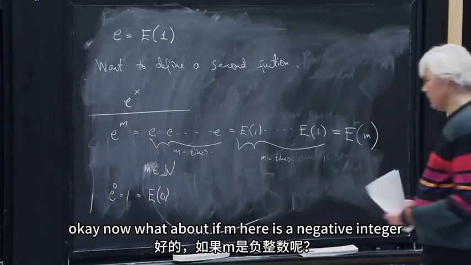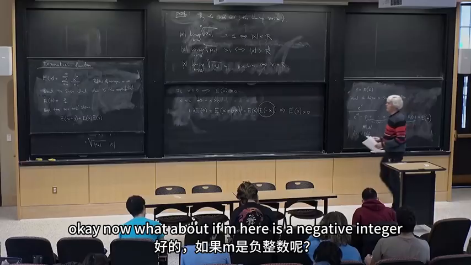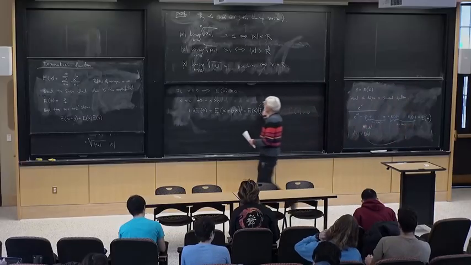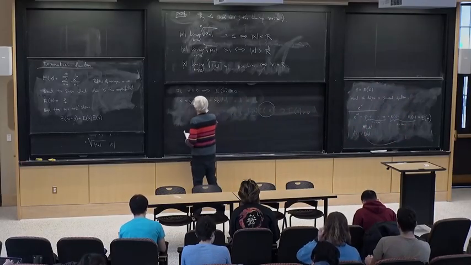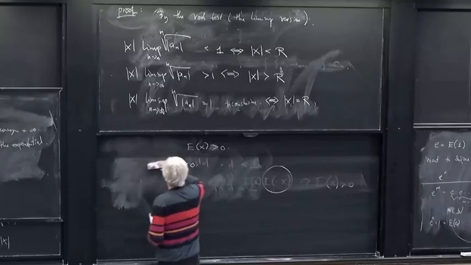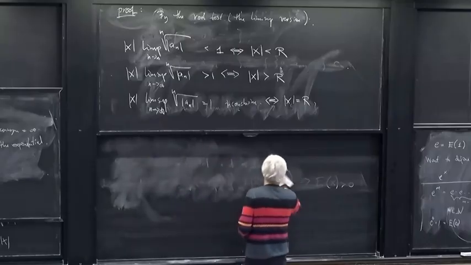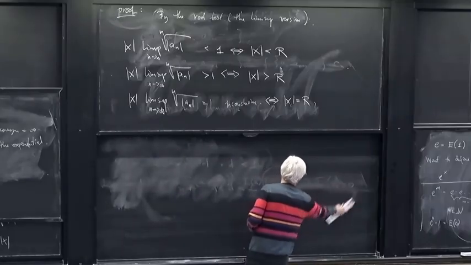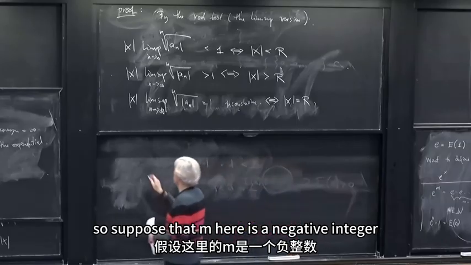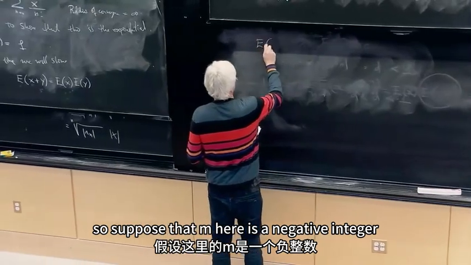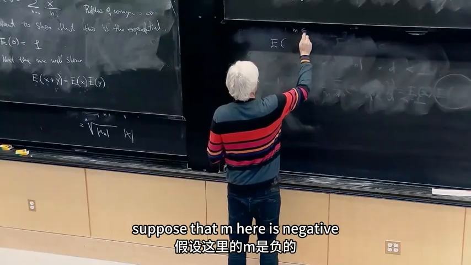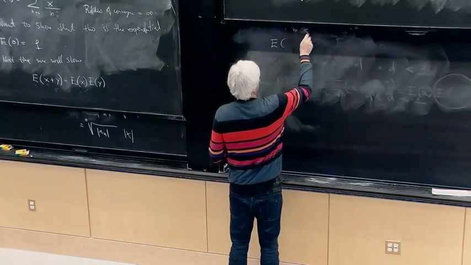Okay, now what about if m here is a negative integer? So suppose that m here is negative.